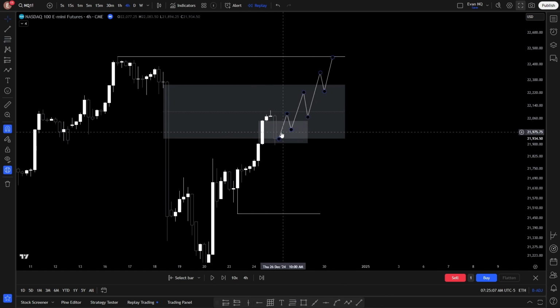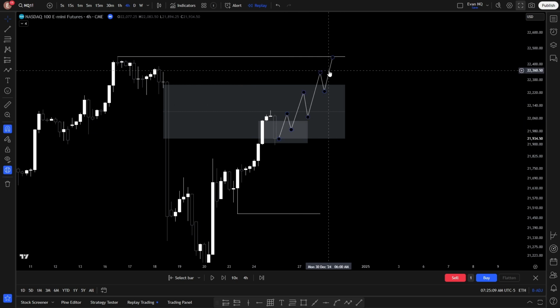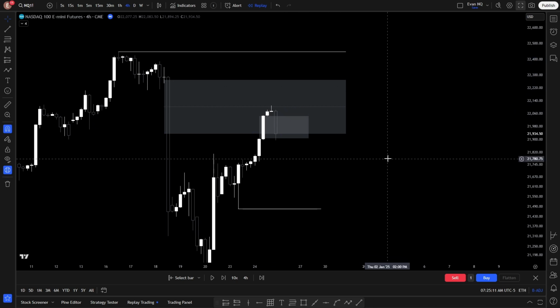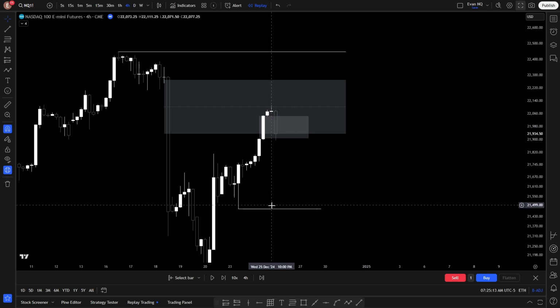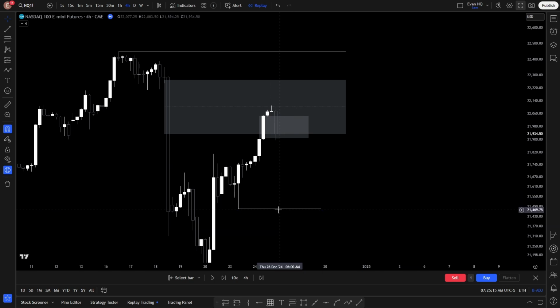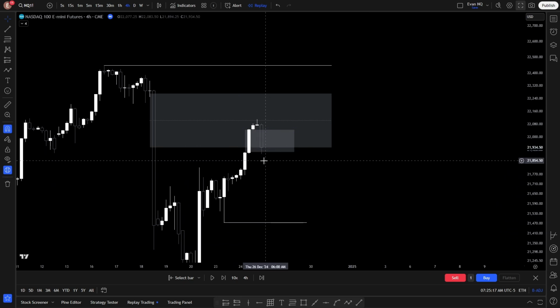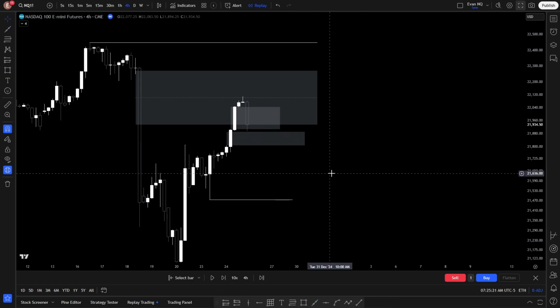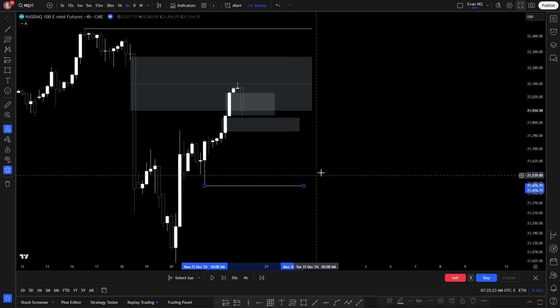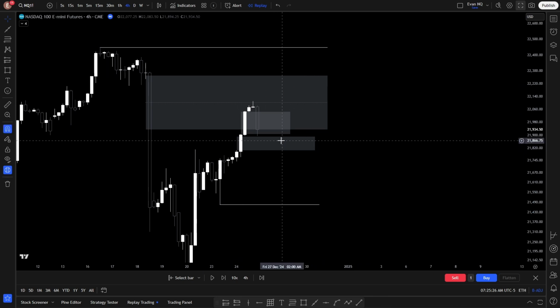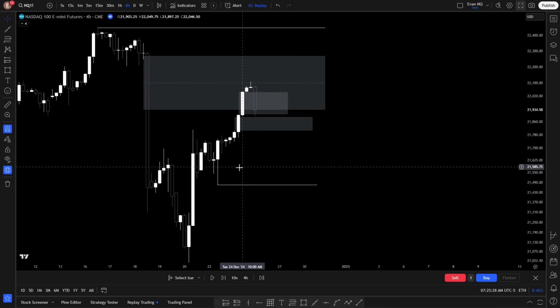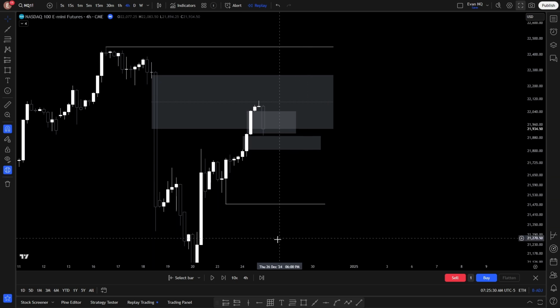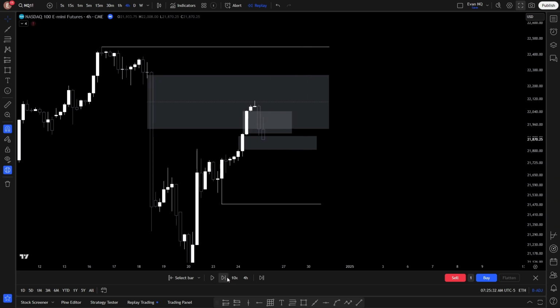I want this to be just a retracement to rebalance and then go higher. But if we're bearish, if this is the true draw on liquidity, I want to see us absolutely run through these two bearish fair value gaps, indicating that bullish order flow is not in play, to then have a confident draw on this draw on liquidity. So let's see what happens.